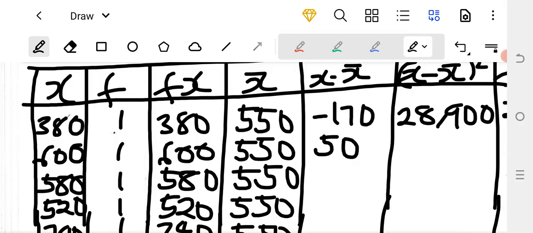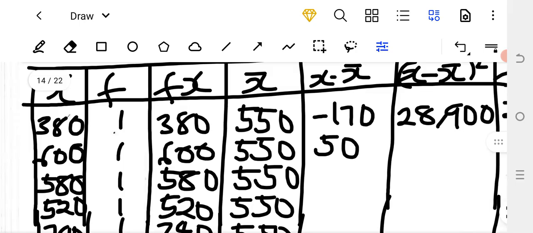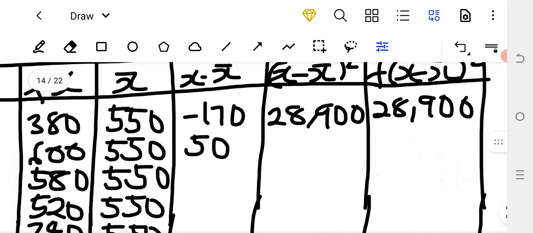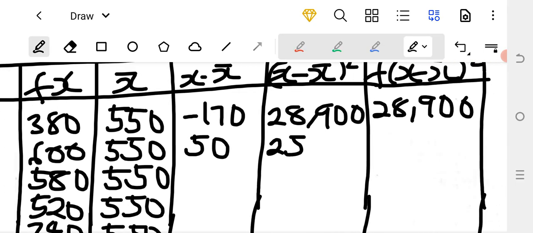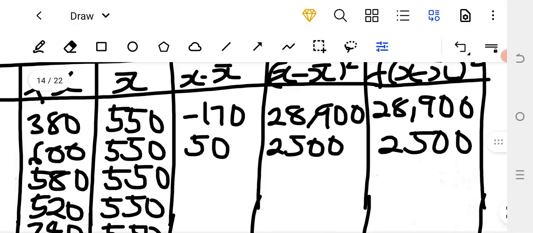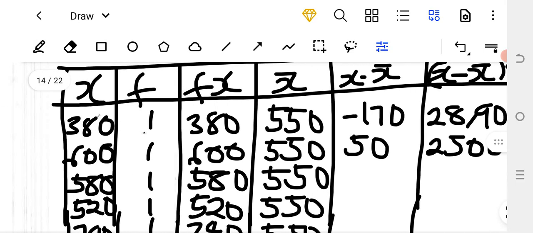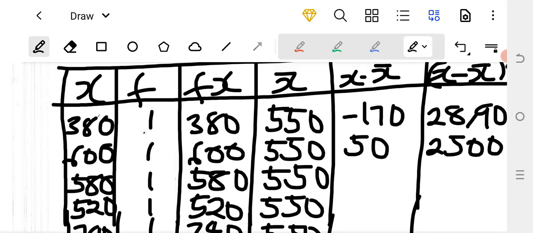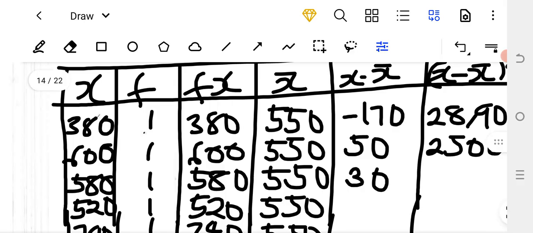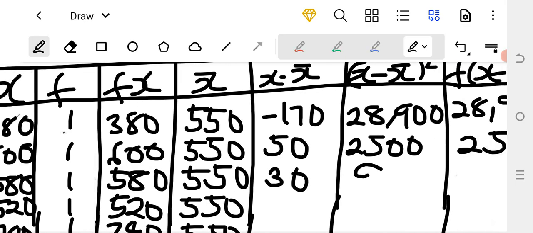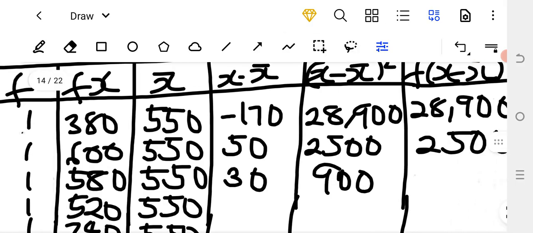You square it and get 2,500, and you repeat 2,500 here. Then 580 minus 550 gives you 30. You square the answer and get 900, and you repeat the 900 here.